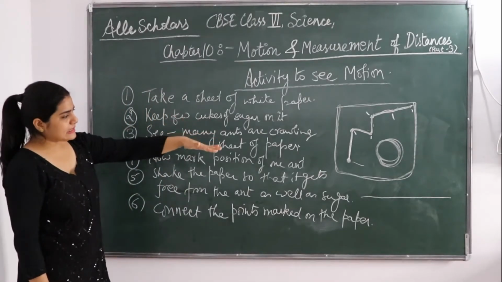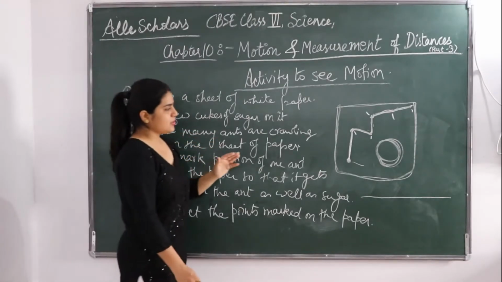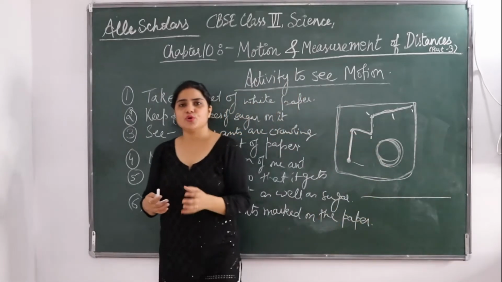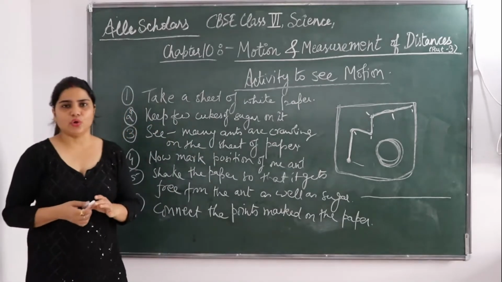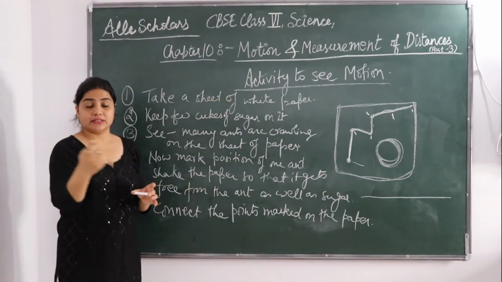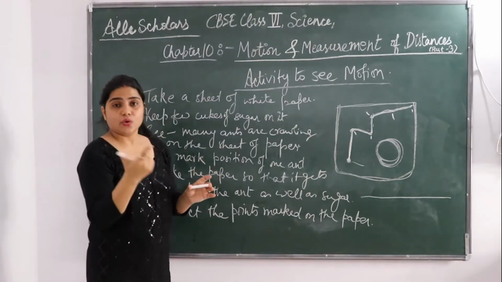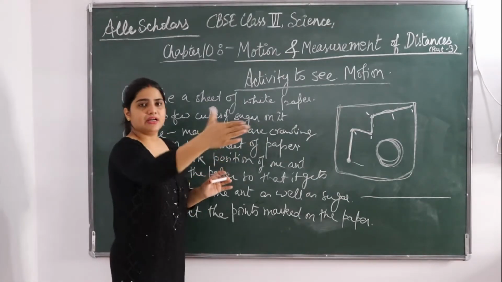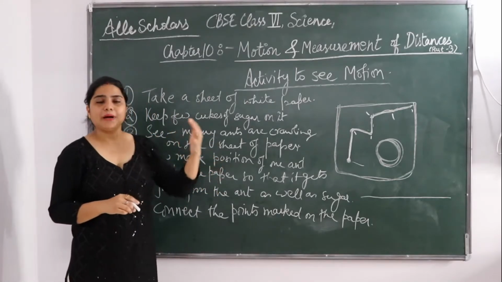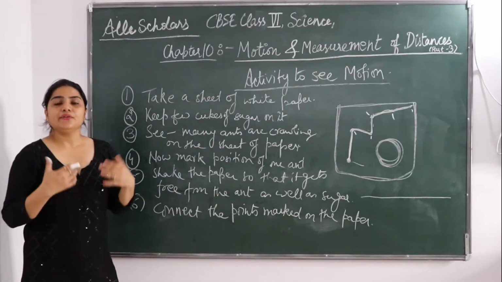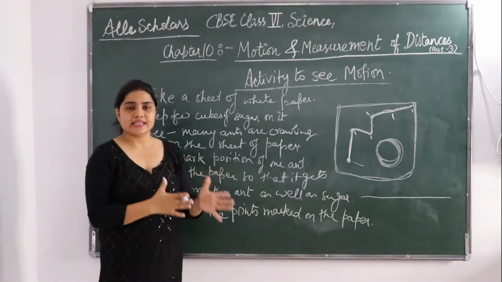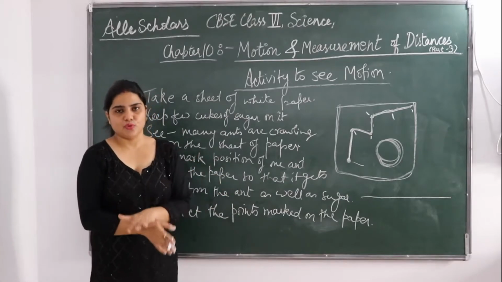So all these types of motions you can see are different according to the path they are following. Some are following a straight path, some a circular path, some a zigzag path or a curved path. So different paths are followed by different objects, and on that basis we can say that there are different types of motion.